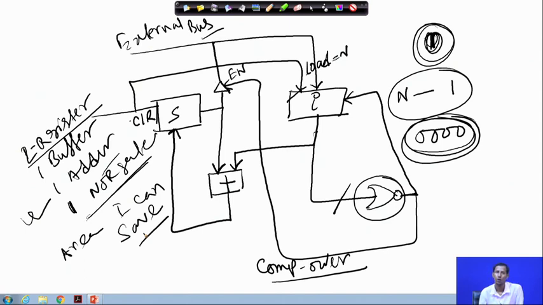This is a very simple example of how we can do optimization when implementing from the algorithm to the architecture.